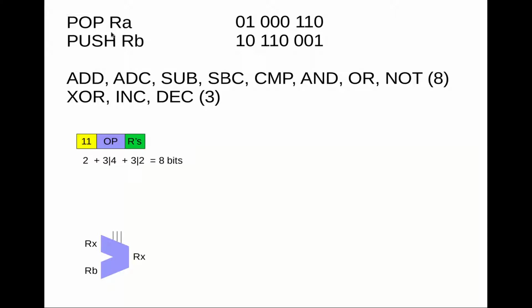But then you might be wondering, okay, but surely that's going to be a problem for pop and push, because they explicitly need to increase and decrease the stack pointer. Well, that's one of the reasons why we're not encoding the pop and the push instructions into the ALU address space. But instead we're using this special value here, and in fact we're encoding them as load and store instructions respectively.